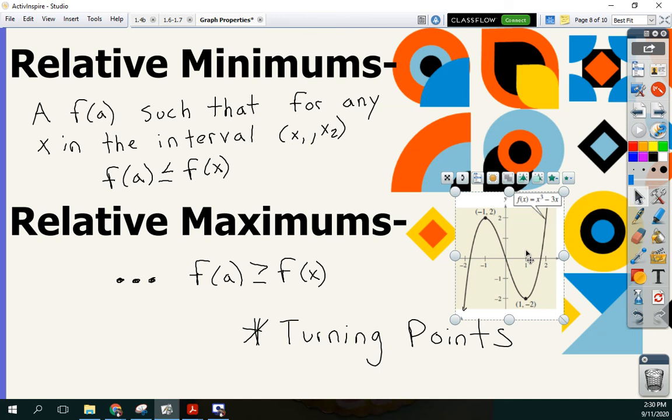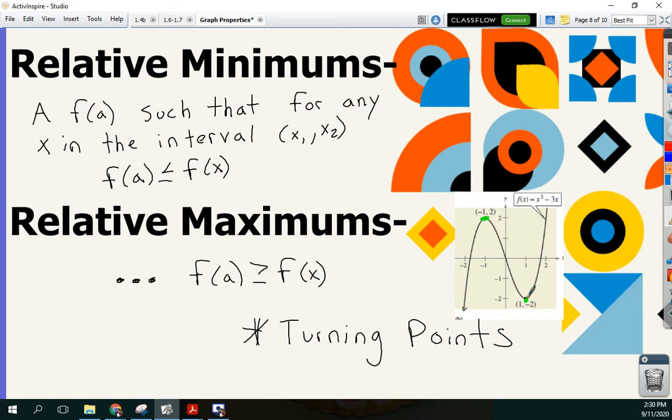So in this case, notice, I have a point here and a point here. So notice that if I were to chop off part of my graph from here to here, that is going to be the tallest point in that region. Now it's not the tallest point overall, because notice that this part of the graph still goes up forever. And again, if I were to chop off part of my graph, this is going to be the smallest point in that one part.